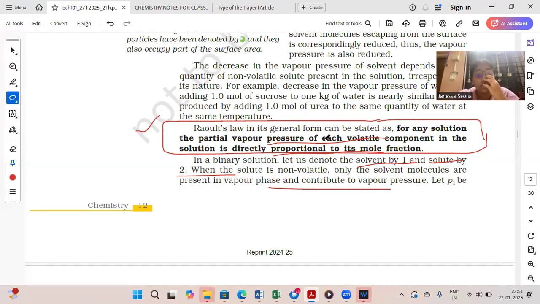Raoult's law. For any solution, the partial pressure of each volatile component in the solution is directly proportional to its mole fraction. Absolutely. So the small p, partial vapor pressure, is proportional to its mole fraction. That is Raoult's law.